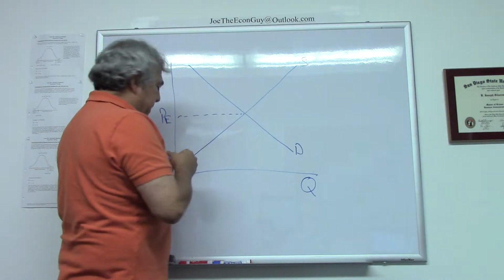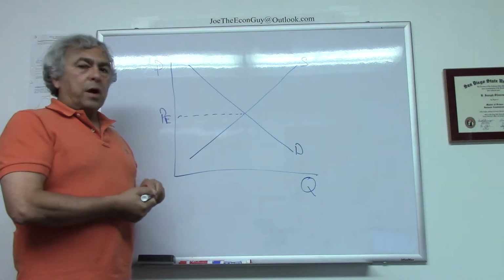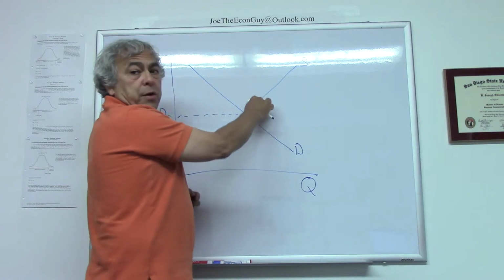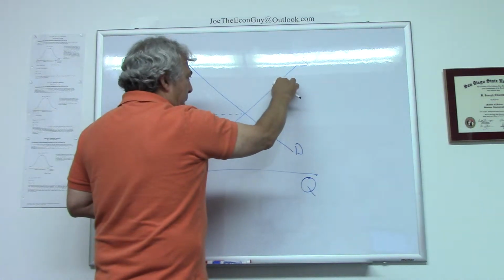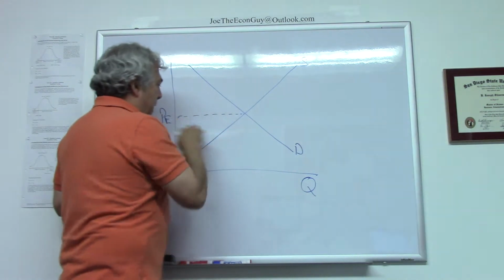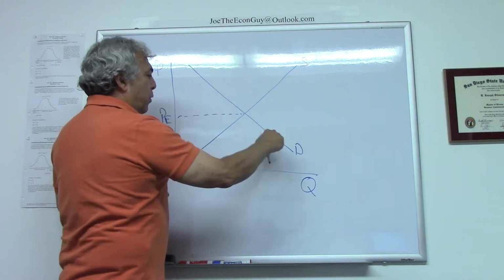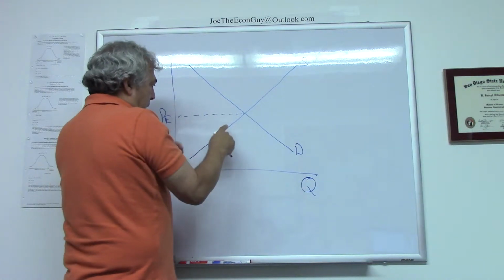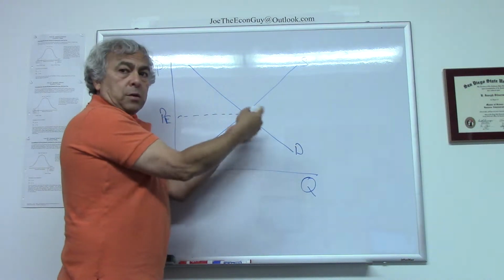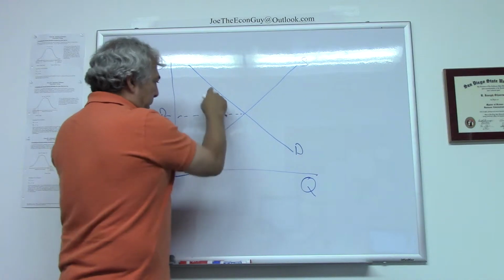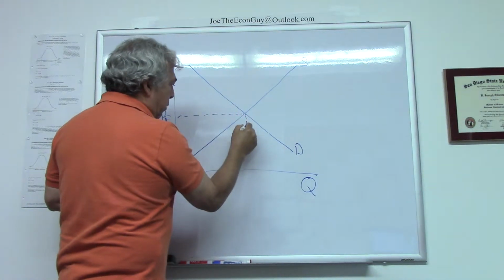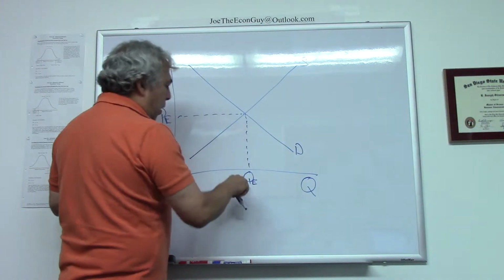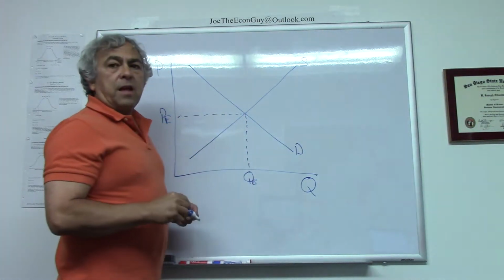And that price is the one price that brings quantity supplied in line with quantity demanded. All points along the supply curve represent different quantities that producers are willing to supply to the market based on the price. All points along the demand curve represent different quantities that consumers or buyers are willing to buy based on different prices. So at the equilibrium price, quantity supplied is equal to quantity demanded, and we'll call the quantity where they intersect the equilibrium quantity.